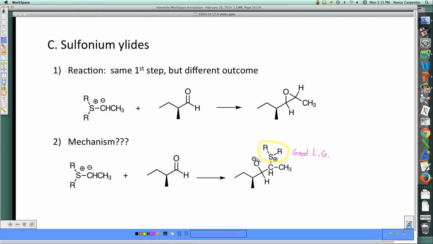And so instead of attacking the sulfur, the oxygen attacks the carbon and kicks that out to give you your product plus the nice weak base, the sulfide. So that's how sulfonium ylides react to make epoxides.